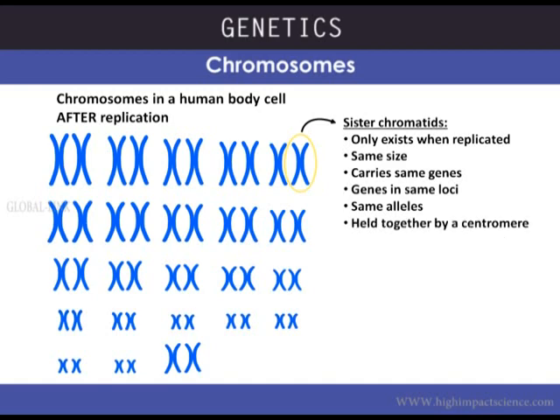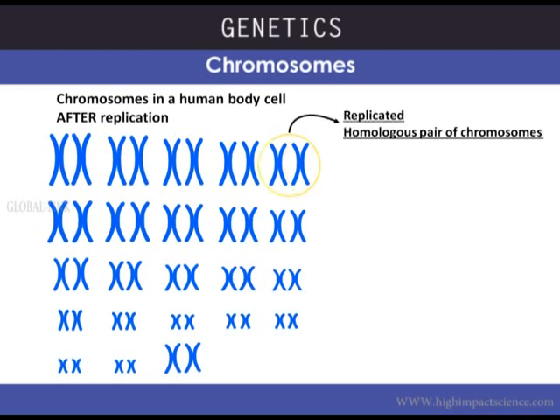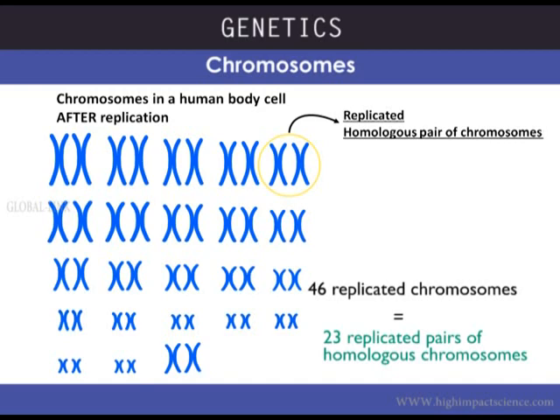After all, they are copies of each other. These sister chromatids are collectively known as replicated chromosomes. So now we have 46 replicated chromosomes, which is 23 replicated pairs of homologous chromosomes.